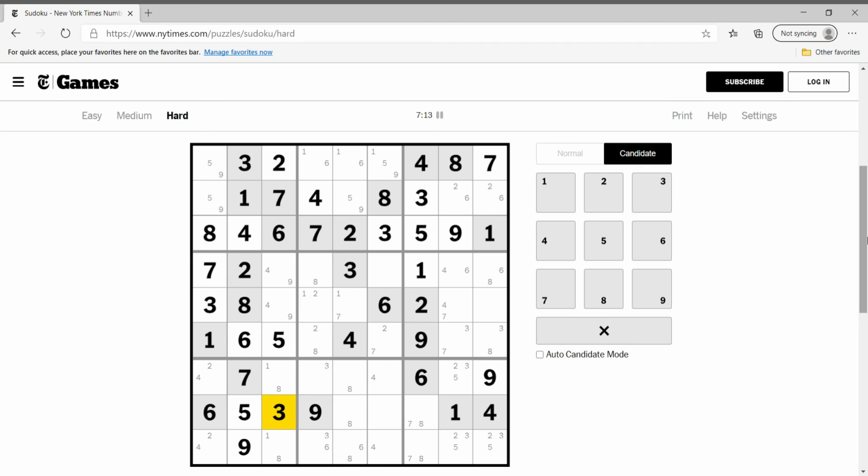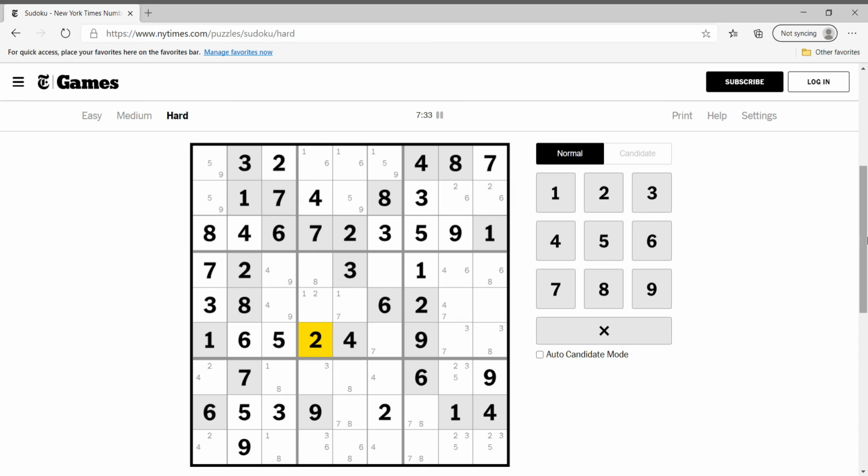So let me just enter the digits here. So 7's in this row could be here, here, right? And then we need 2, which cannot be here. Cannot be here. 2 can only be here in this row. So we have 7, 8, 7, 8. This cannot be 2. Now in this row, these cannot be 2's. This cannot be. Only this cell can be 2.